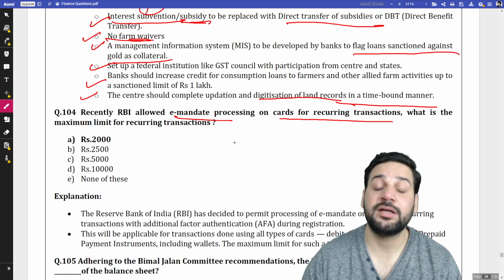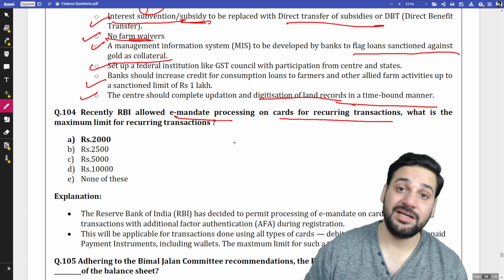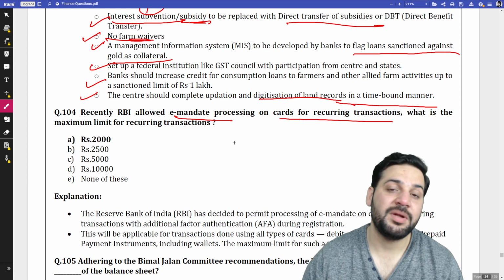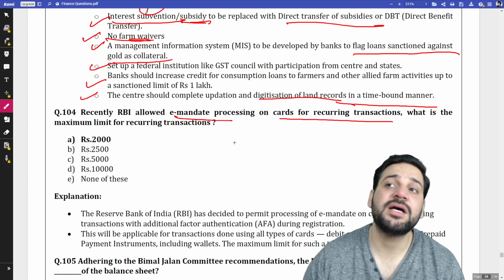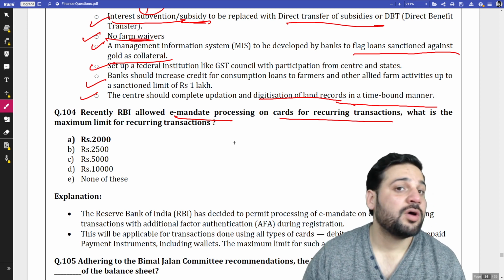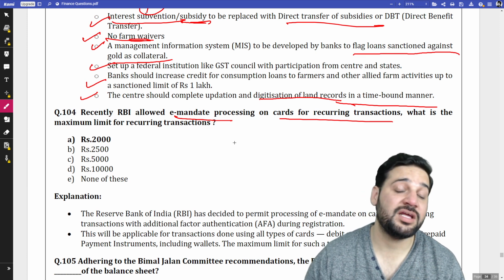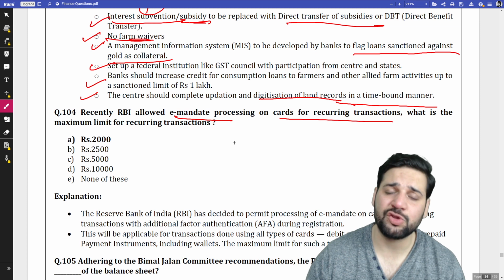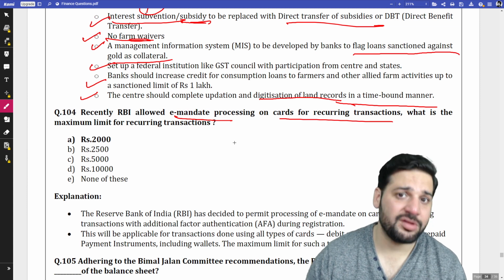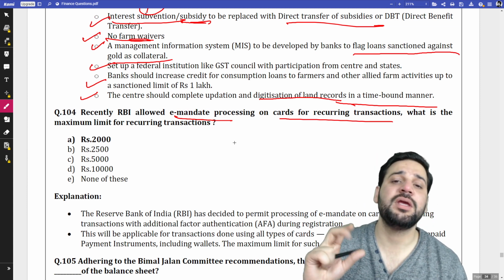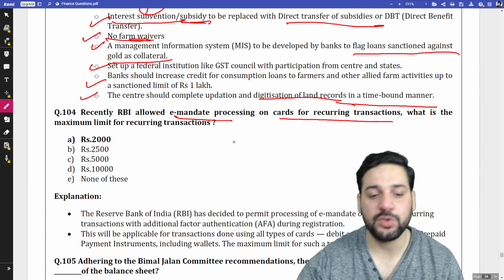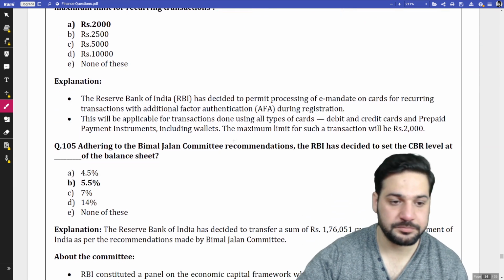That's how internet marketing is done, and the monthly payments are directly debited. But in India, authorization is required. Now the RBI has relaxed their rules up to rupees 2000. Such authorization, filling that OTP, is not required up to 2000 rupees.